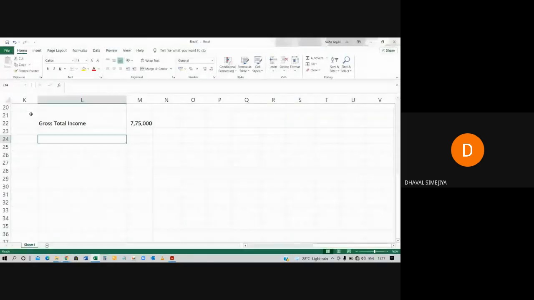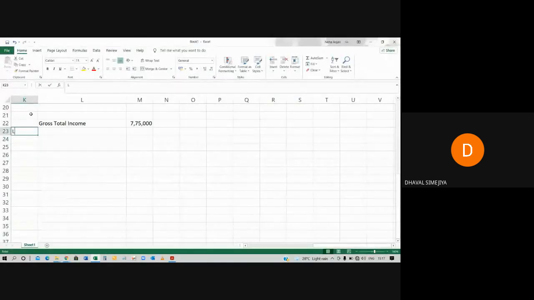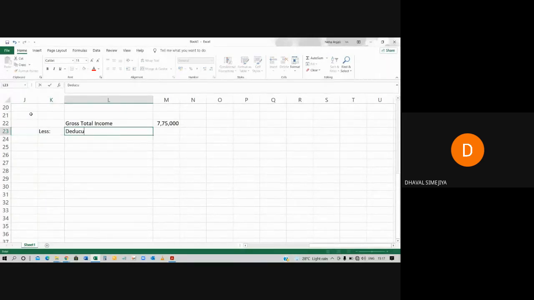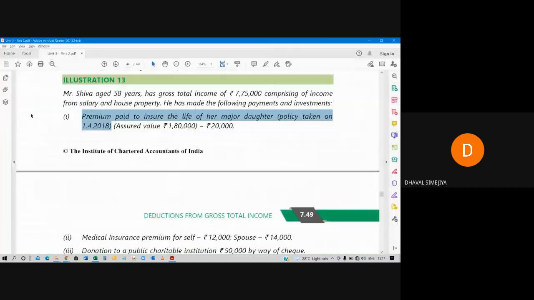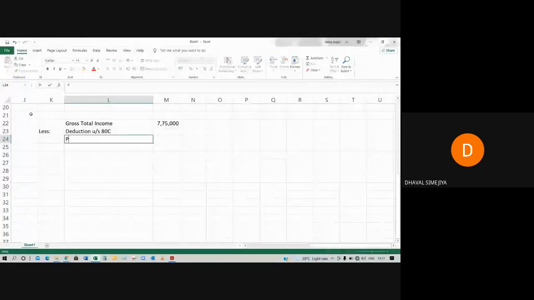So now gross total income is given, less deductions under section 80C. Is premium paid for a daughter available or not? The answer is yes, it is available.